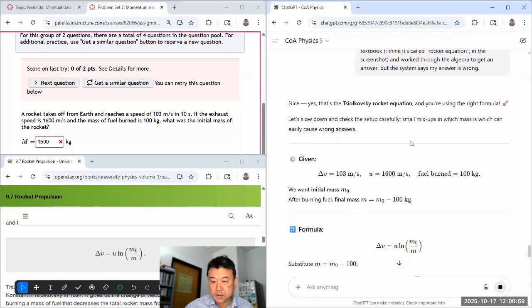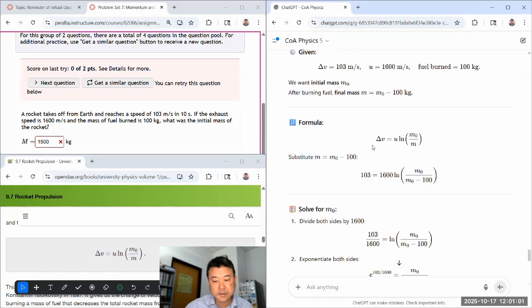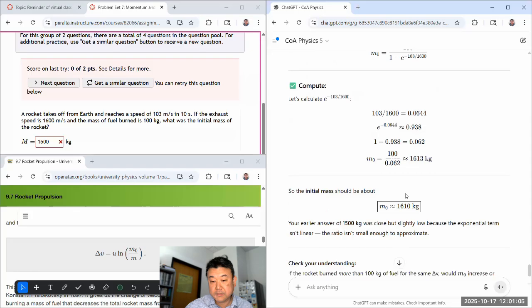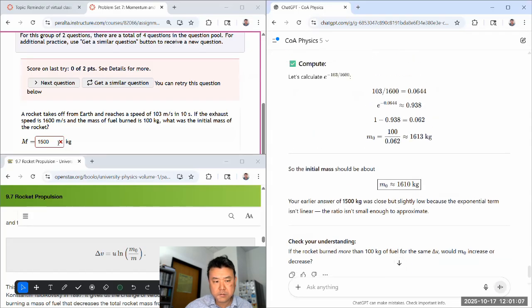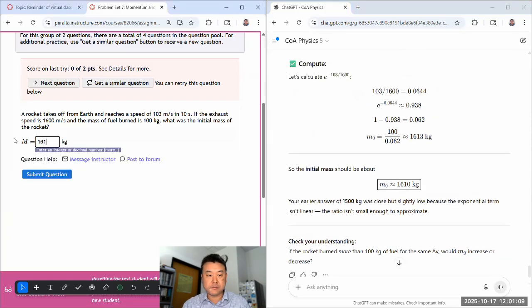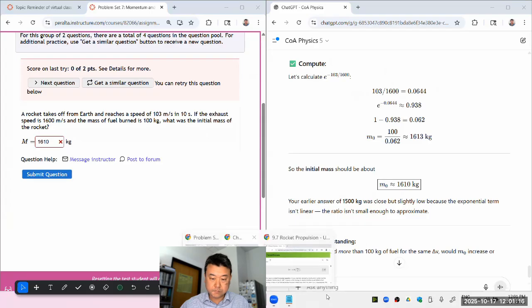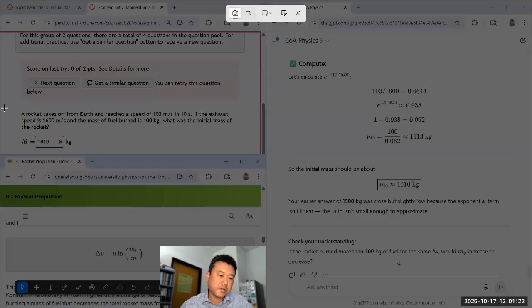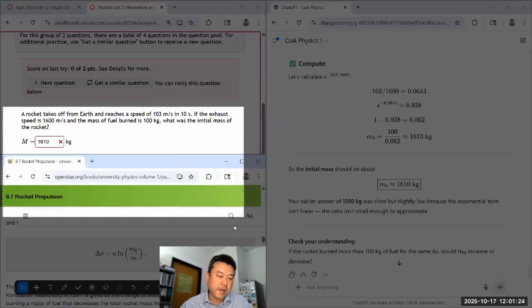Check the setup carefully. That's what I supposedly went through, and let's say it gives me that answer, but I tried that, and it's still doing the thing that I don't want it to do, but for now I'll ignore it.